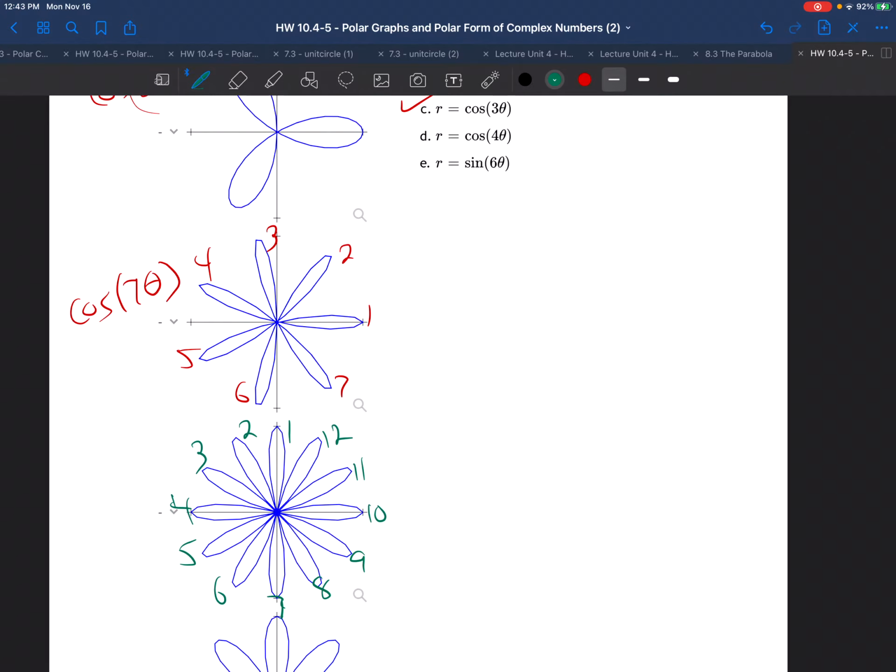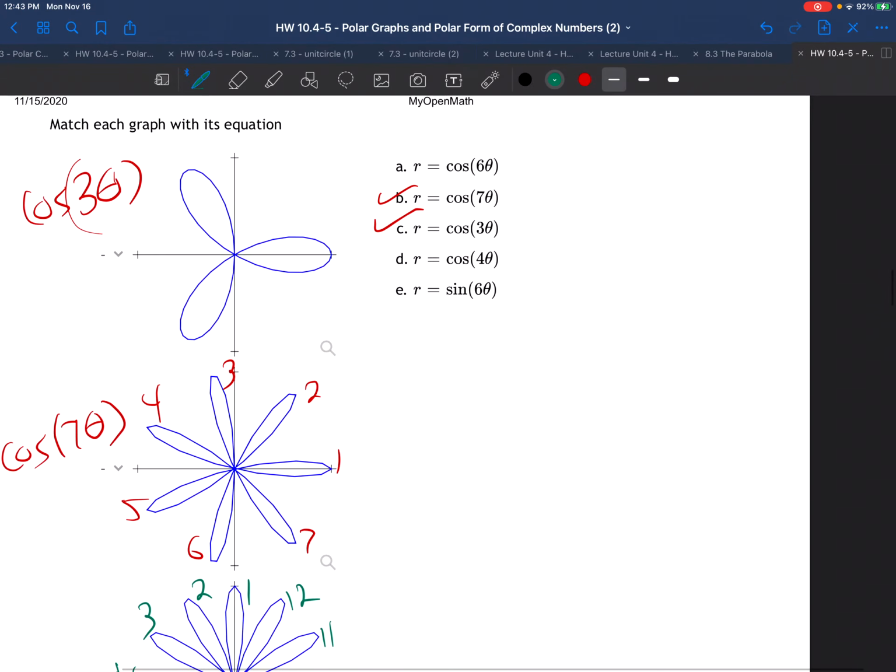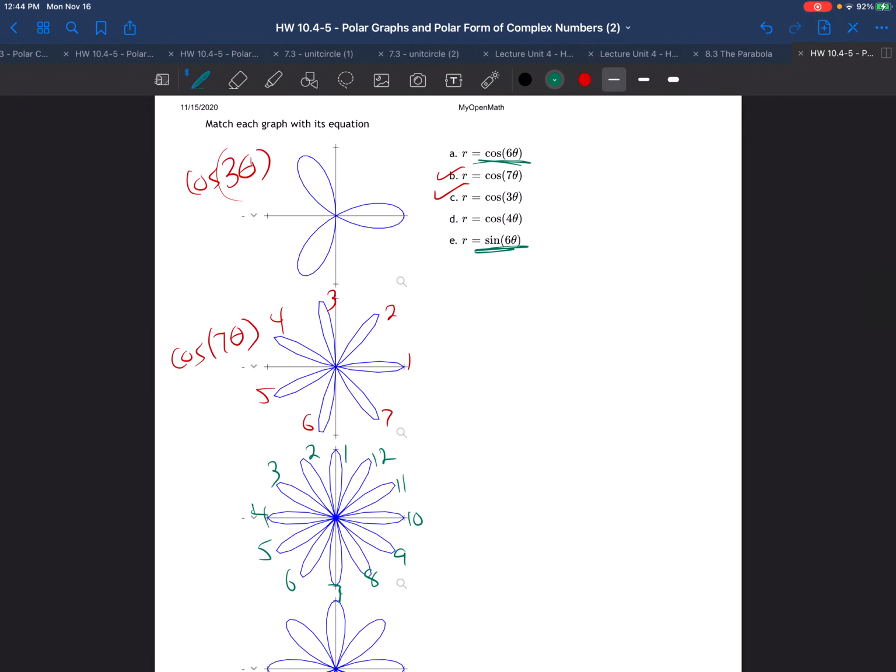So 12 petals, it's got to be a sixer. Uh-oh, we have 2 sixers. Is it cosine or sine? How do you know which one? Well, here's the x-axis. Do you see how this leaf right here is centered on the x-axis?